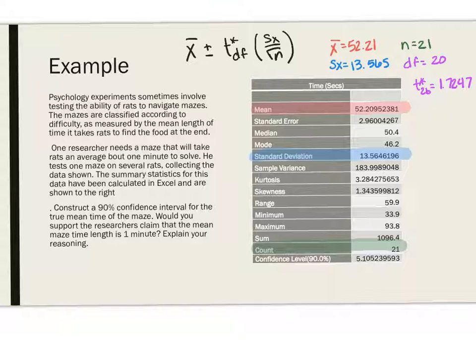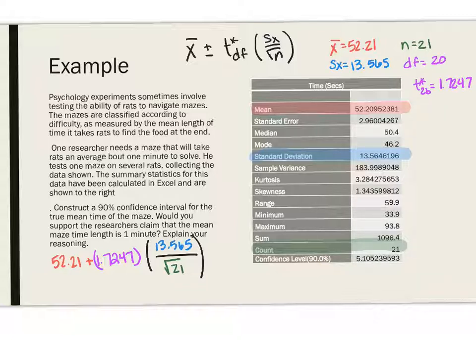Now, using all this information, we're going to go ahead and write it out. So set it up. It'll be 52.21 plus or minus 1.7247 times s of x, which is 13.565 divided by the square root of 21.